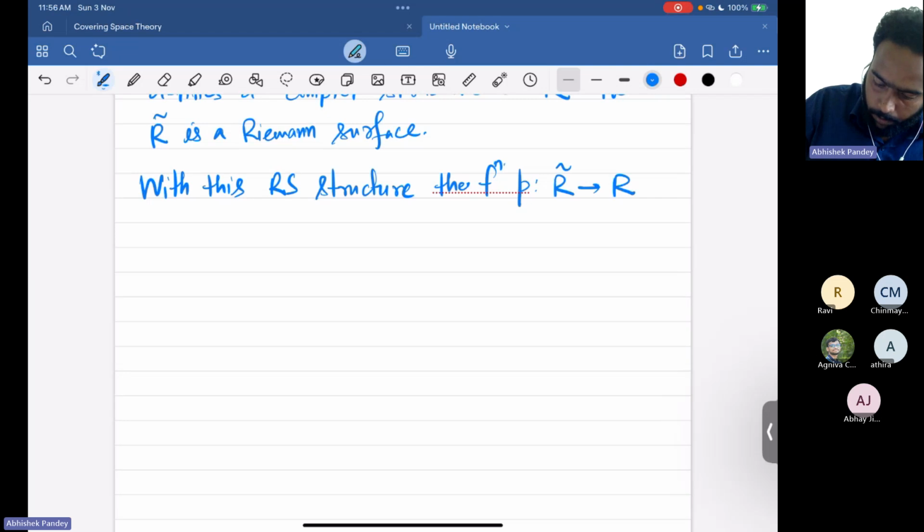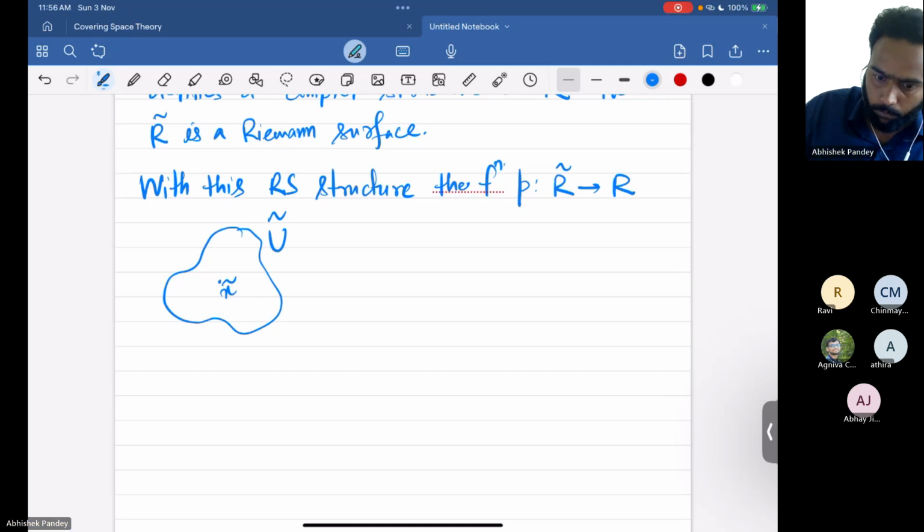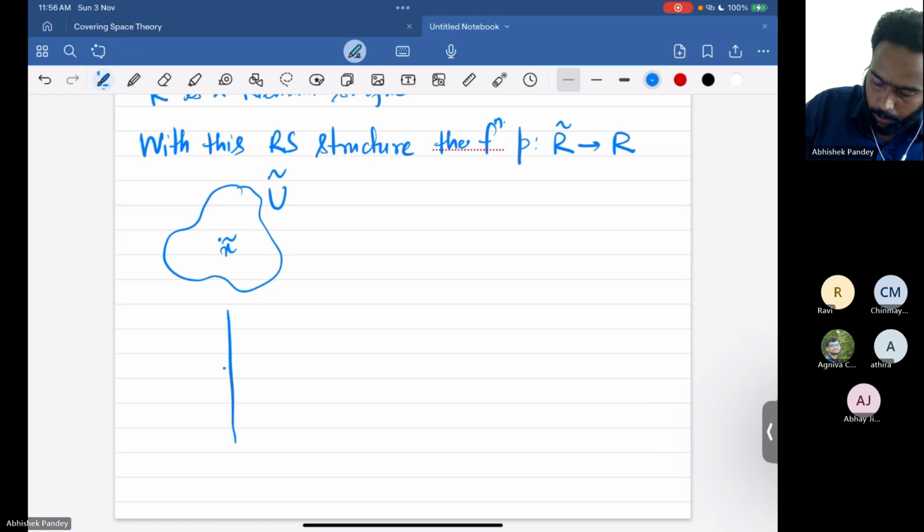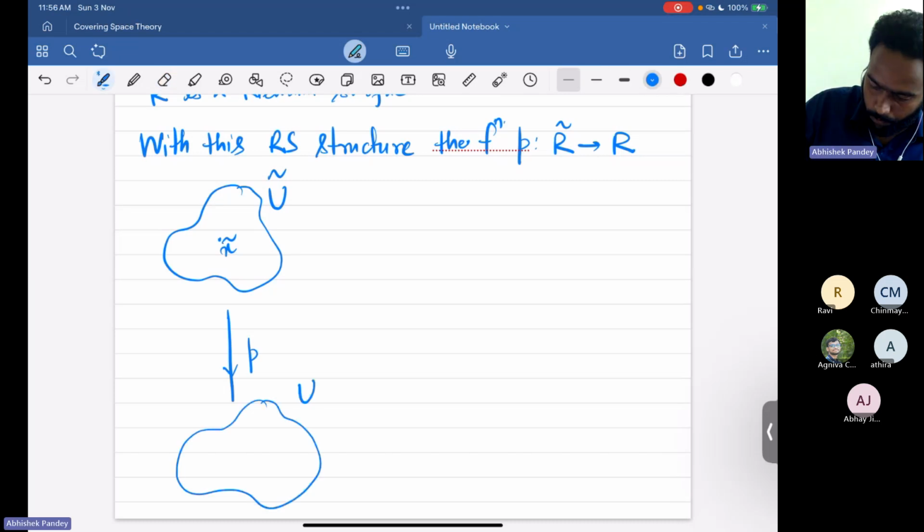Basically what we're doing, so here is X tilde, we have this U tilde. So this U tilde under P, we are getting this U, at the point X, which is nothing but P of X tilde.